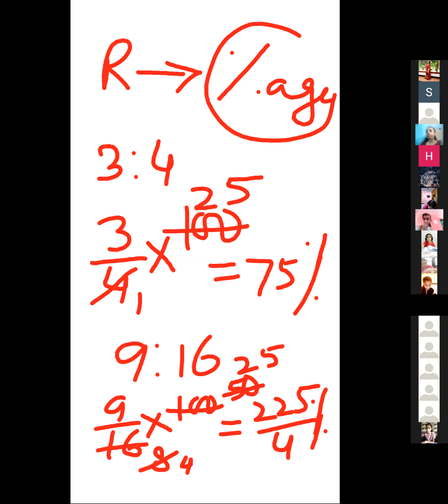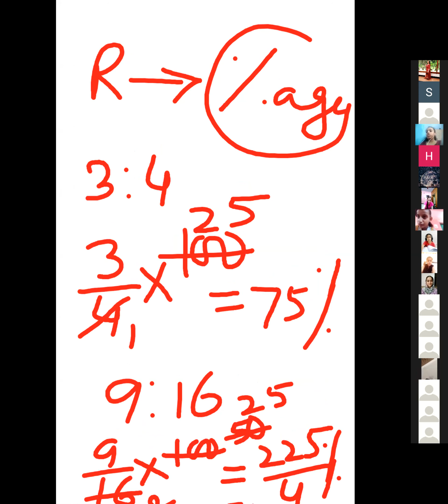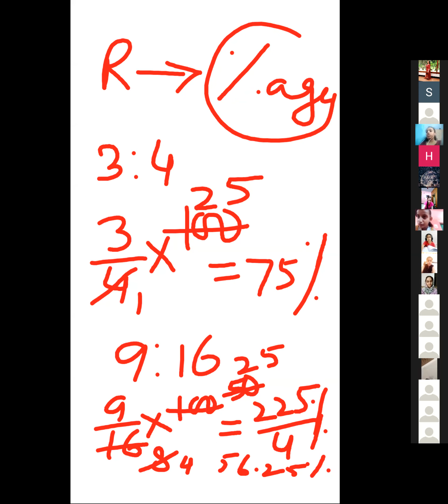So the answer is 56.25. When you divide, 56.25%. You have to put percent at the end. Yes. Understood? Very good, Mannat, Diksha. Yes, Vedika Parma, if you have any doubt. Okay, now do the next question.